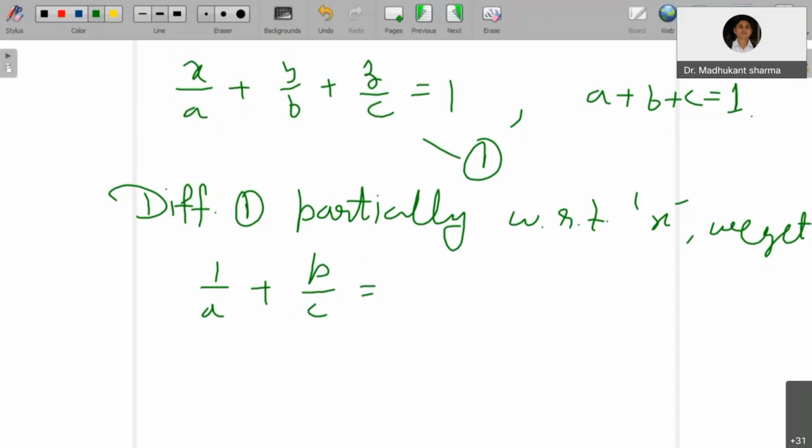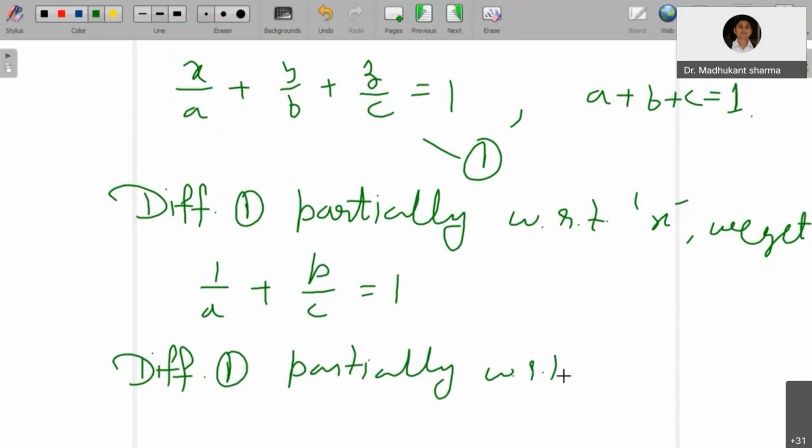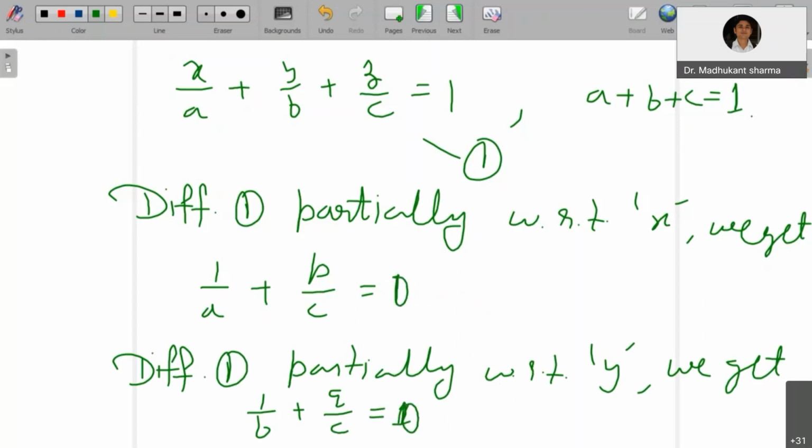Similarly, differentiating 1 partially with respect to y, what we get is 1 by b plus q by c equals 0. Now, note that this equation is involving a and c, and this equation is involving b and c.